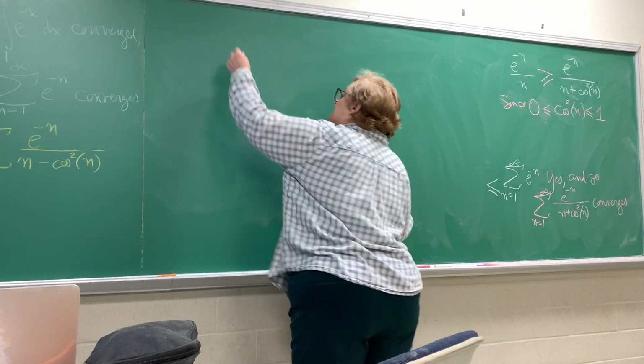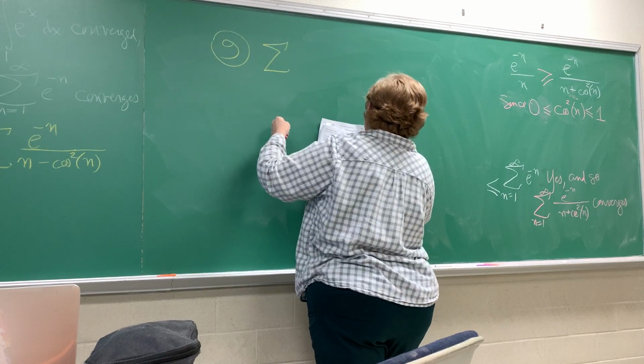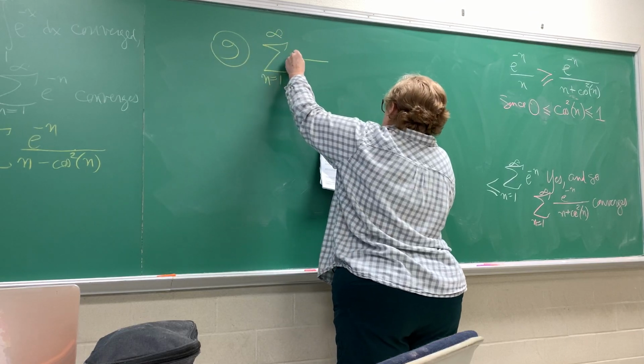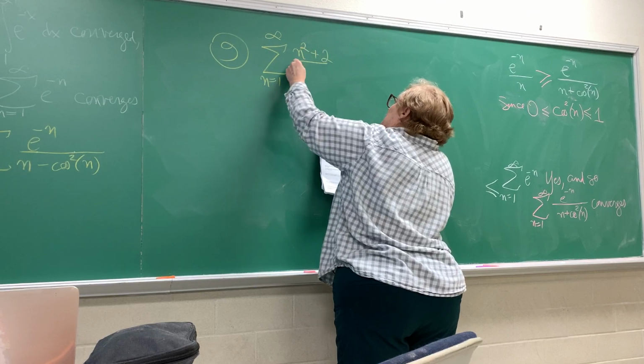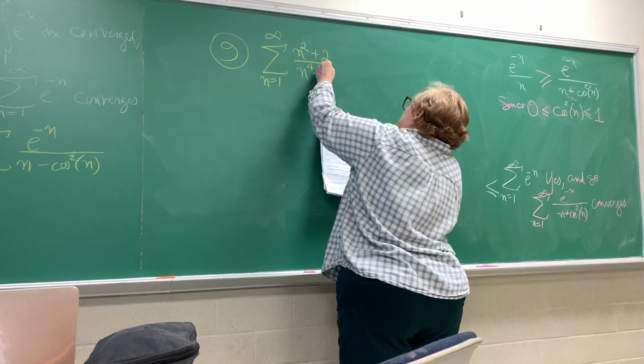So let's look at the series n equals 1 to infinity of n squared plus 2 over n to the 4th plus 5.